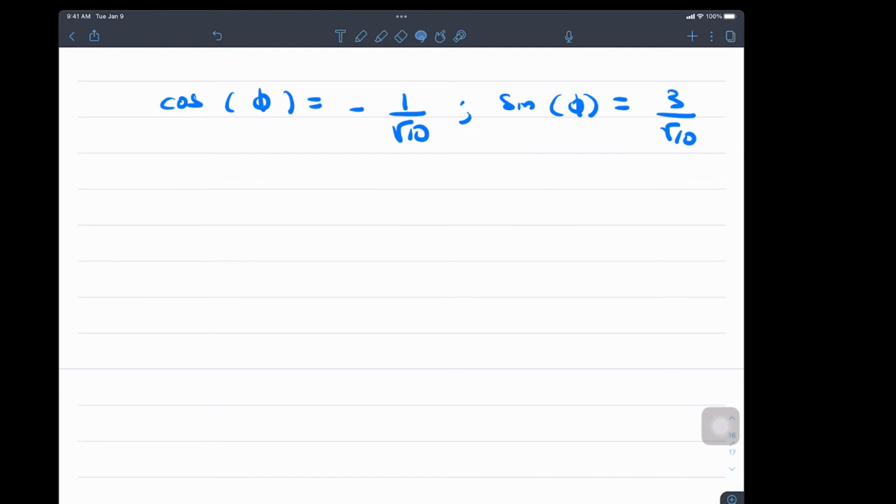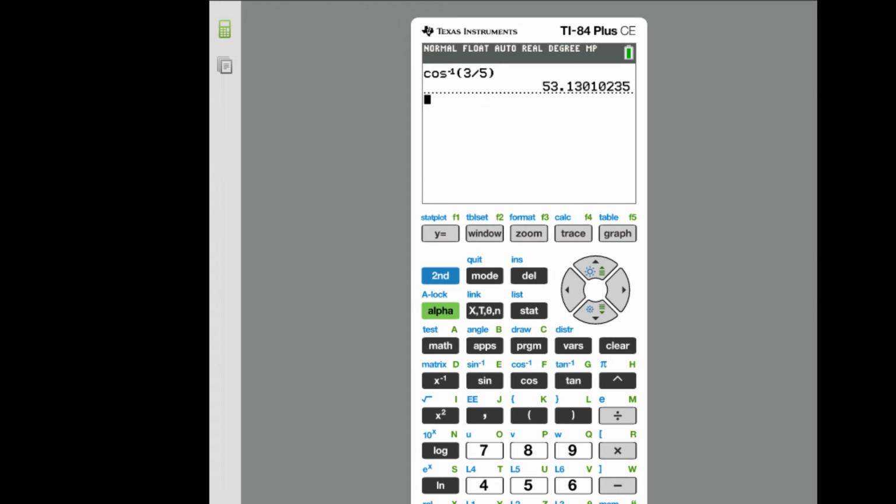Let's find what phi is. Okay, let's go to the calculator because we need phi. So how do I get phi? Do you guys want to tell me? Use inverse cosine of negative 1 over the square root of 10. This will give you your phi now. Inverse cosine of negative 1 divided by square root of 10, in parentheses.